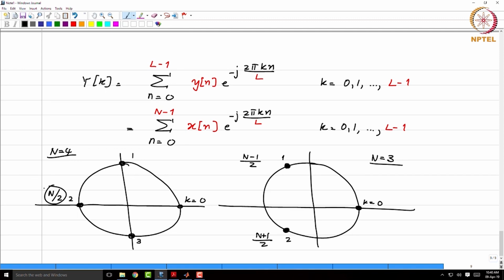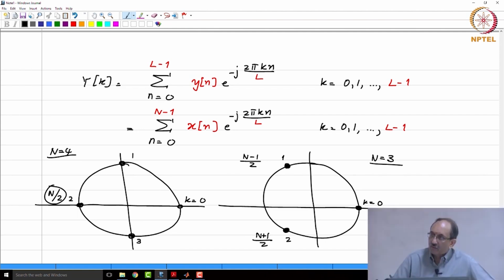So when you sample the DTFT at an even set of points, you will have a sample at omega equal to pi. Whether N is odd or even, at omega equal to 0 you will always have a sample point. Whether you get a sample point at pi or not depends on whether the number of points is even or odd. If it is even, you will hit the omega equal to pi point, otherwise you will not hit that point.